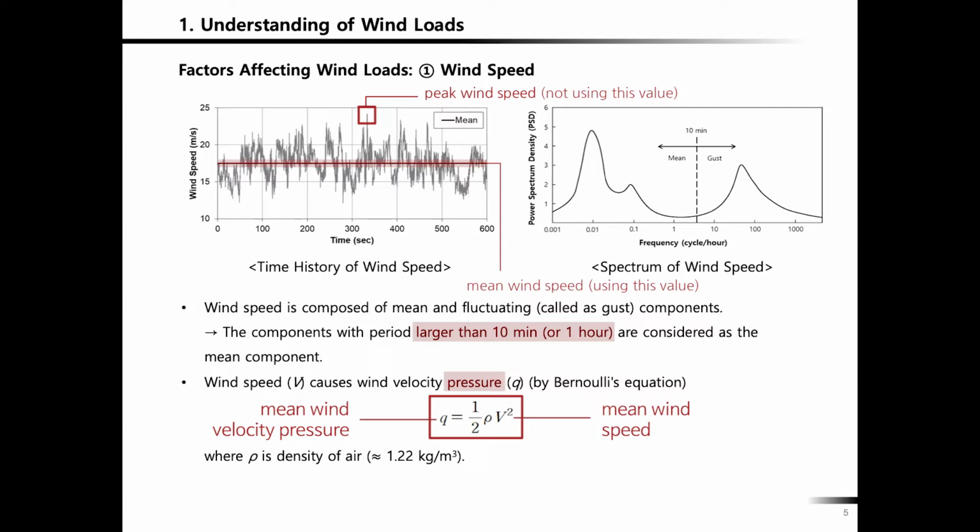Mean wind velocity pressure. In the code, that terminology is used. This is a mean wind speed or velocity, and this is a mean wind velocity pressure.